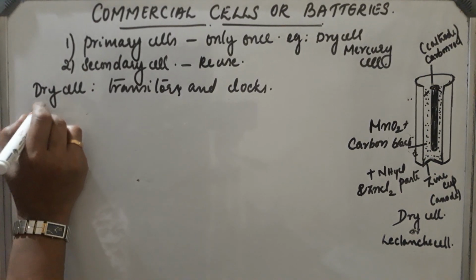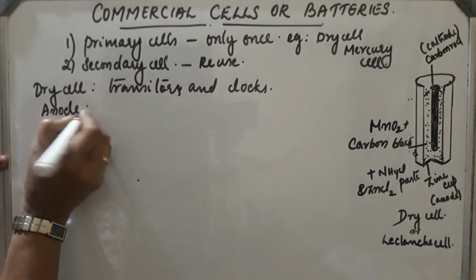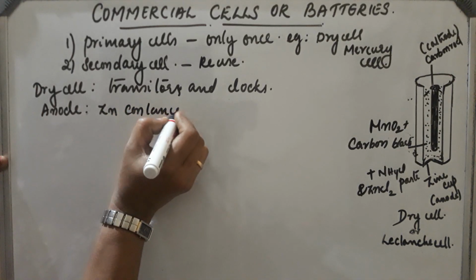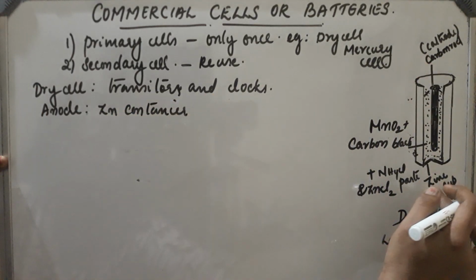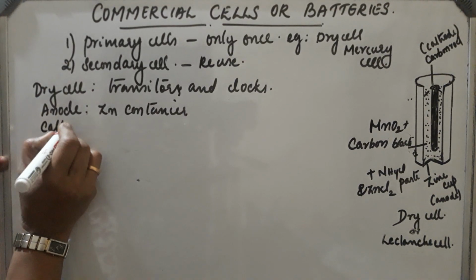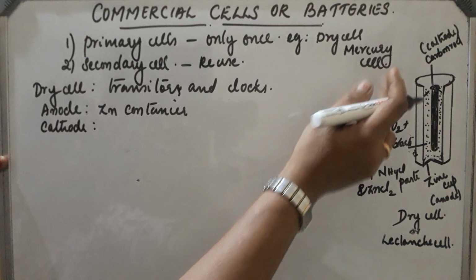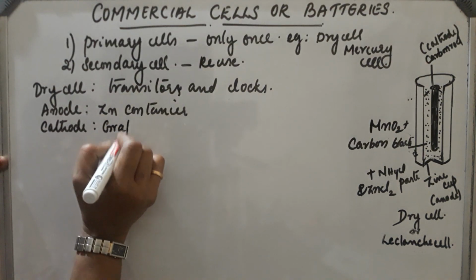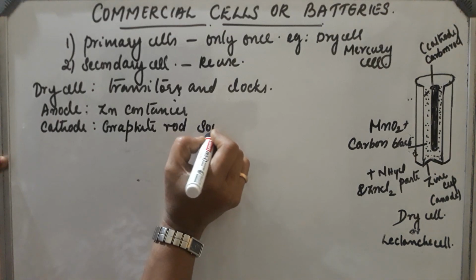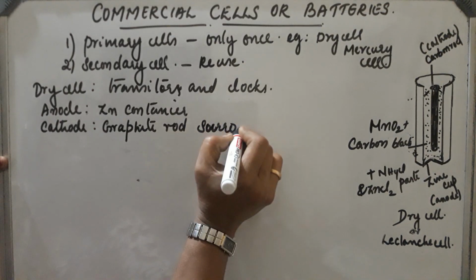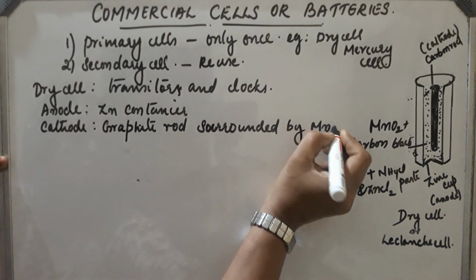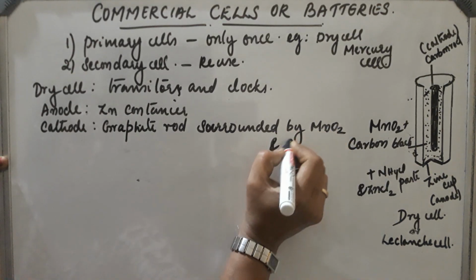What is the anode? Anode is a zinc container. From the figure you can see there is a zinc cup, which acts as the anode. And what is the cathode? Cathode is a graphite rod or carbon rod, surrounded by manganese dioxide and carbon black.